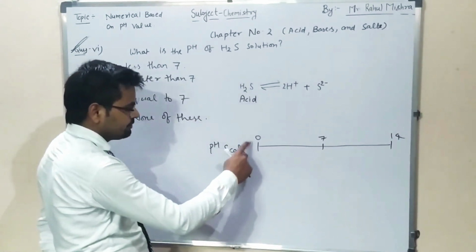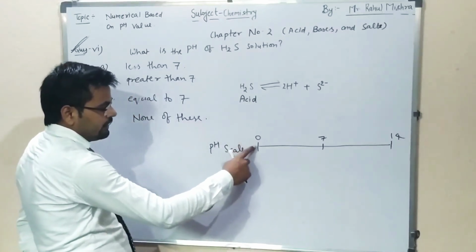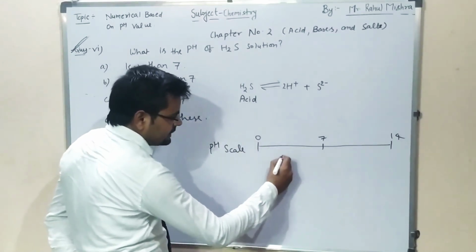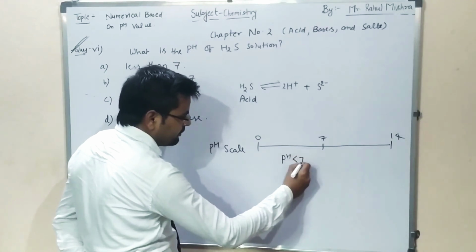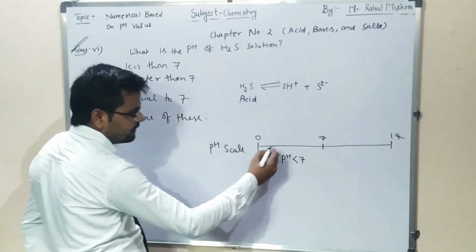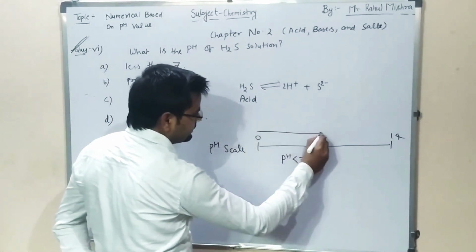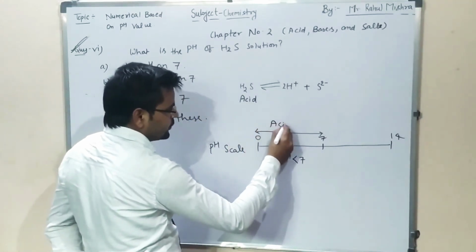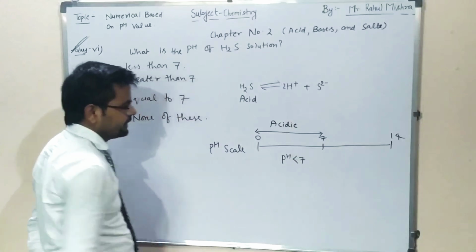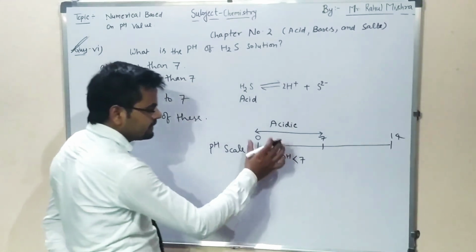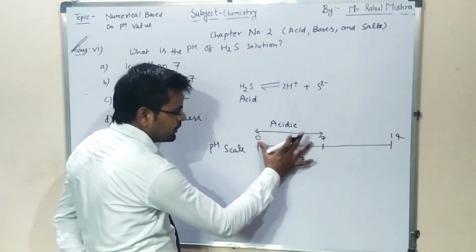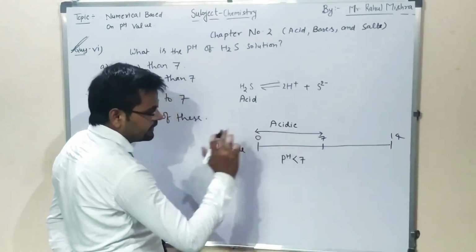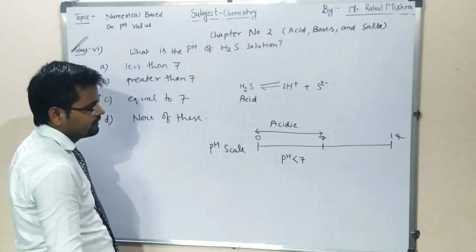Now listen, when pH is less than 7, it means we are talking about this range. जब pH 7 से कम होती है तो solution का nature होता है acidic. It means जब pH 0 से 7 के बीच में होगी तो solution का nature होगा acidic.